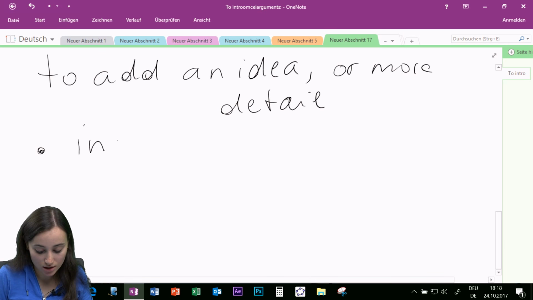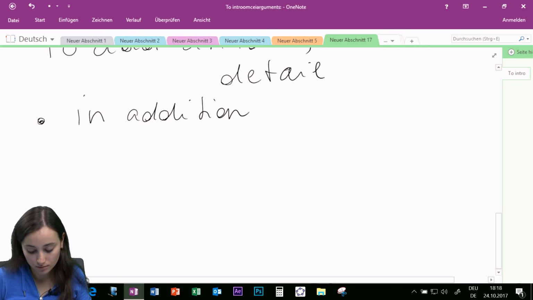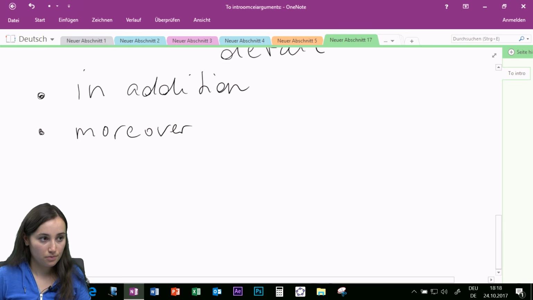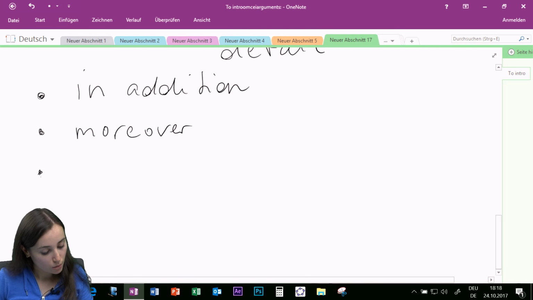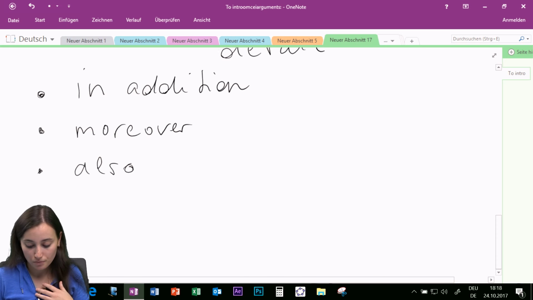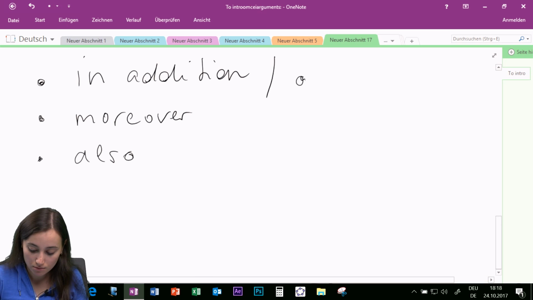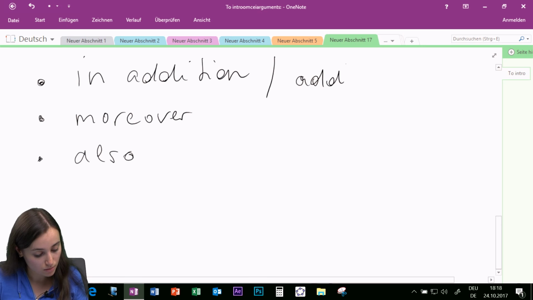Okay, so in addition, moreover, do also. So these are really basic signposts which you should already know, but still. Additionally, in addition, additionally, which is just the adverb.